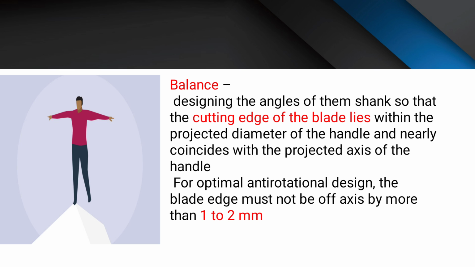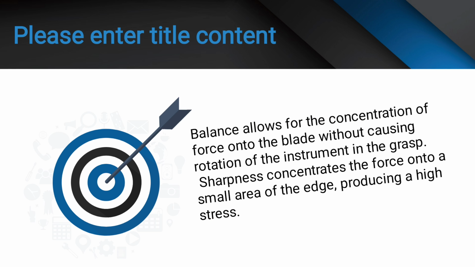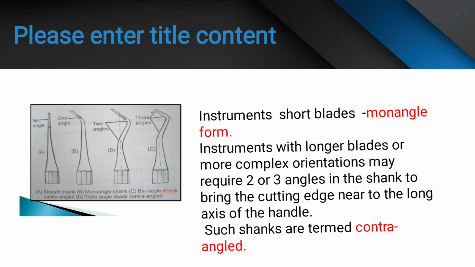Based on the shank angles, the instruments can be classified as monoangle instruments, biangle instruments, or triple angle instruments. Instruments with small, short blades may be easily designed with the monoangle form while keeping the cutting edge within the required limit.